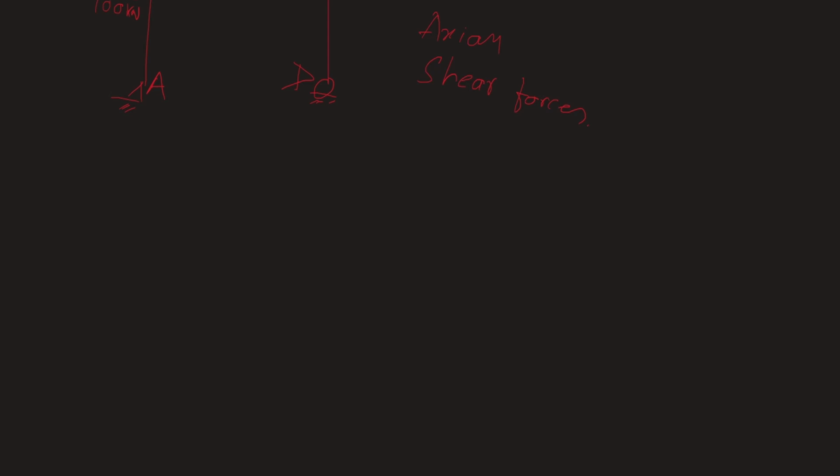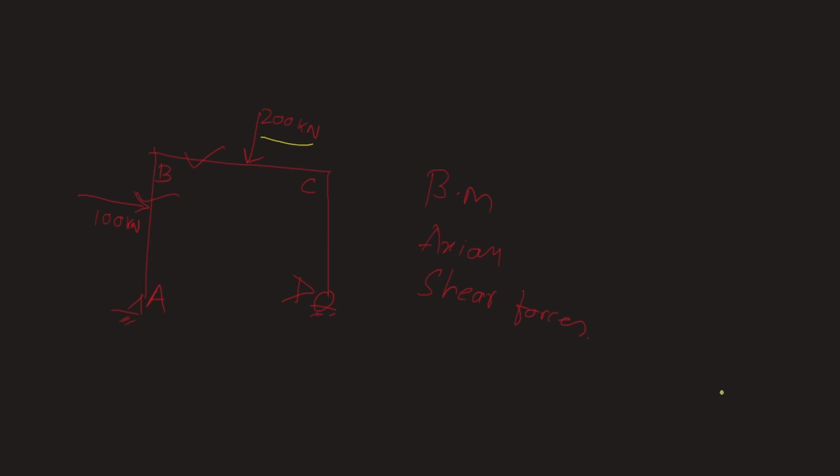For example, in this figure, I am sure that this force is trying to push the structure downward. So to resist that, the supports will exert force in the opposite direction, which means they try to restrict the movements.